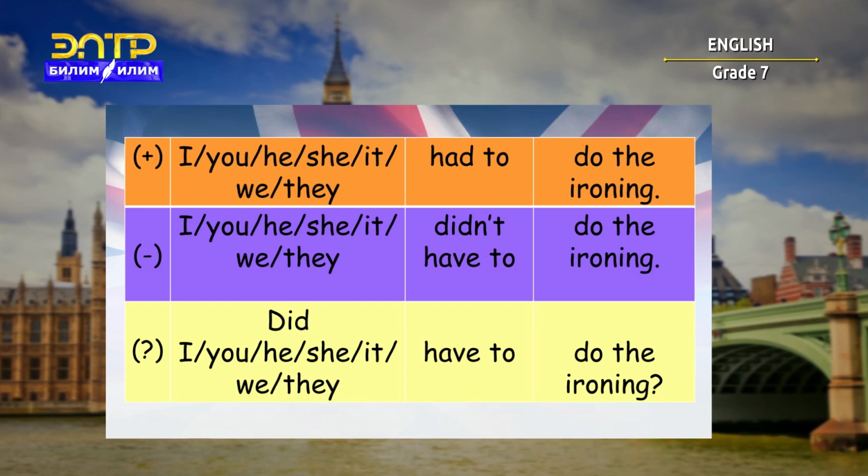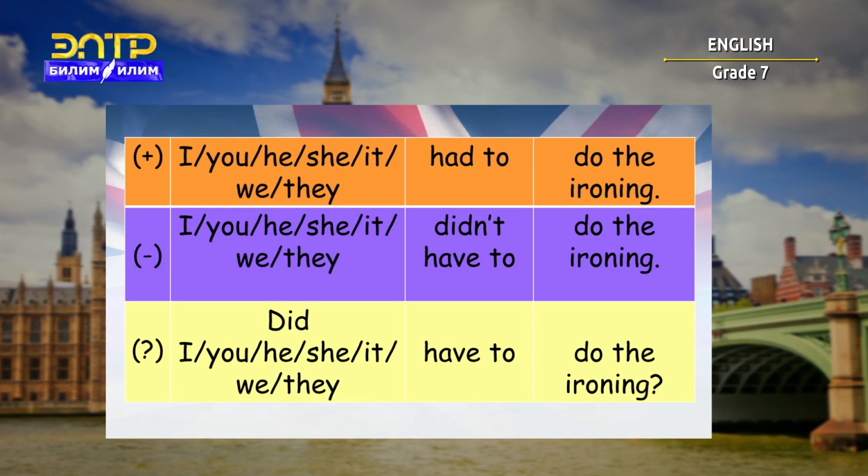And to make a question with had to, we follow a simple rule. The first place takes the verb did, and then come pronouns I, you, he, she, it, we, they. After them comes have to with other parts of the sentence.